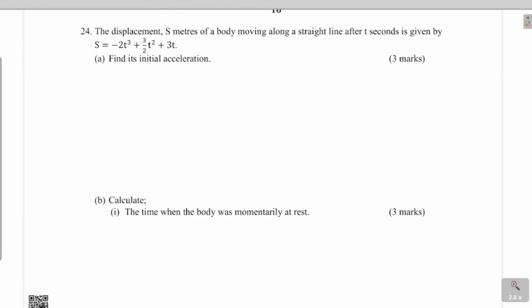The displacement S meters of a body moving along a straight line after t seconds is given by S equals negative 2t cubed plus 3 over 2 t squared plus 3t. Part A, find its initial acceleration, 3 marks. Part B, calculate B1, the time when the body was momentarily at rest.